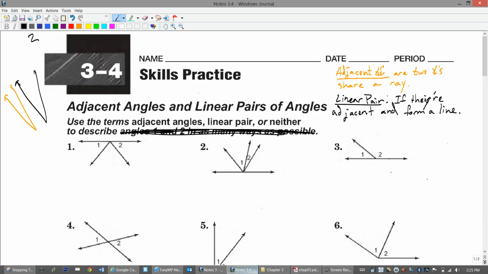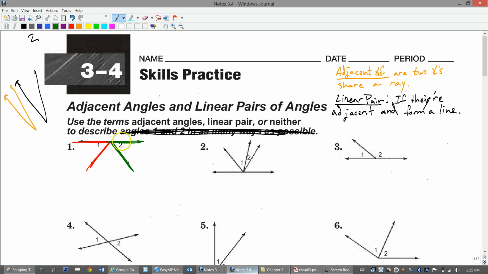Okay, so the first one. Are they adjacent is the first question. If they're adjacent, they share a common ray. Is one ray shared between both? In this case, no. One ray is not shared between both. A way to remember how to do it is tracing the angles.